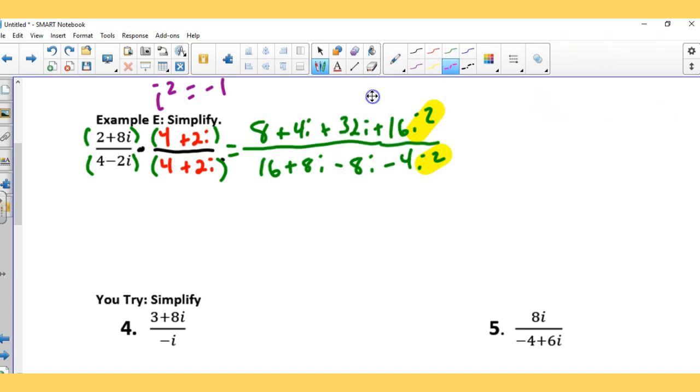All right. So you have 8 plus, like terms right here, 4i and 32i gives us 36i. And we have plus 16 times -1.